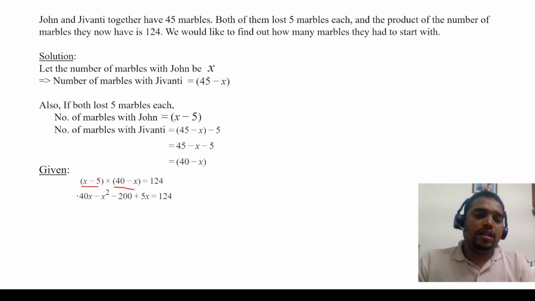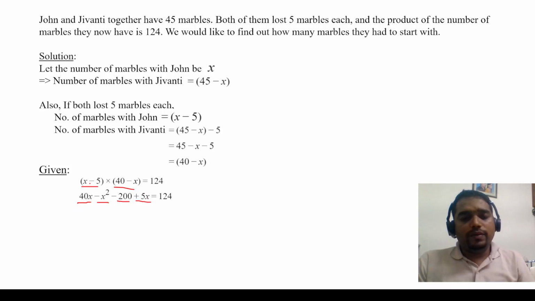X into 40 is plus 40x. X into minus x is minus x square. Minus into plus is minus, so 5 into 40 is minus 200. Minus into minus is plus, so 5 into x is plus 5x. So after opening the brackets we get 4 terms.